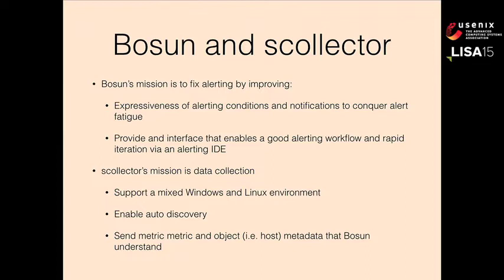So Bosun and scollector each have their roles in this. Bosun's mission: fix alerting. Basically, expressiveness, alerting conditions, and notifications, so we can get accurate alerts that will get rid of the alert fatigue from too much noise, and then provide an interface that provides a good workflow for both handling these alerts and developing them. scollector's mission was data collection: support Windows and Linux, enable auto-discovery, and then send the metric and object data.